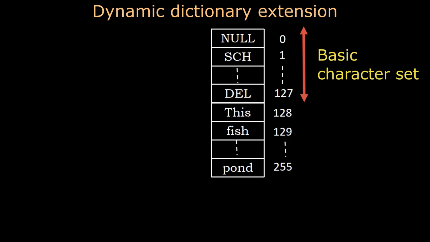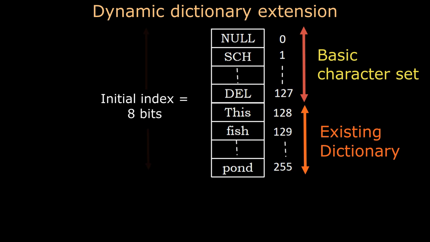The index from 0 to 127 represents the basic character set, and the index from 128 to 255 represents the existing dictionary. Now the index used for representing the characters in the basic character set and the words in the existing dictionary is 8 bits. So it is the initial index used.